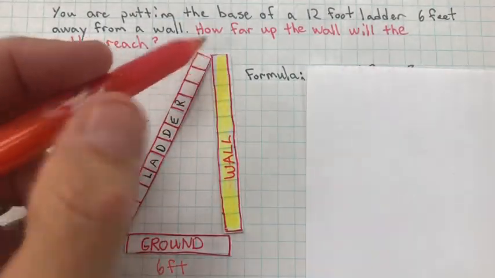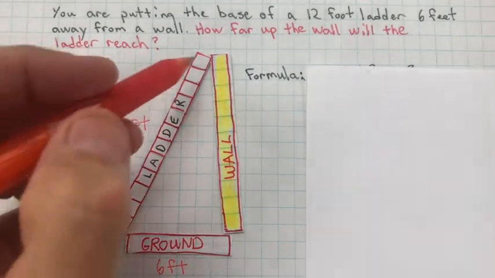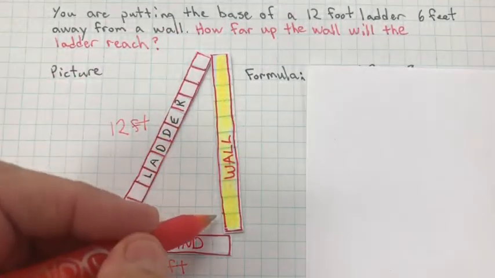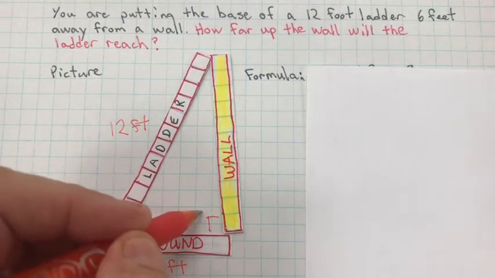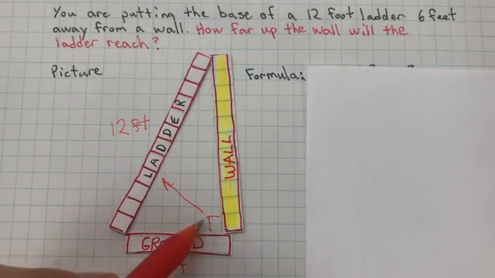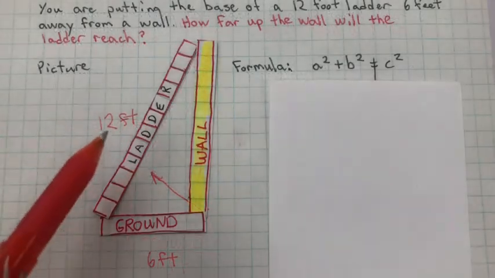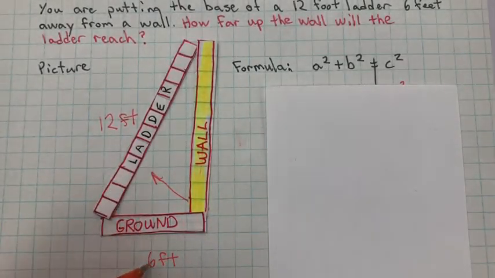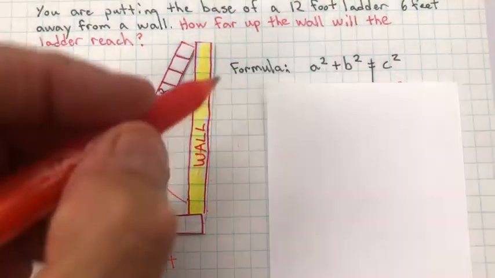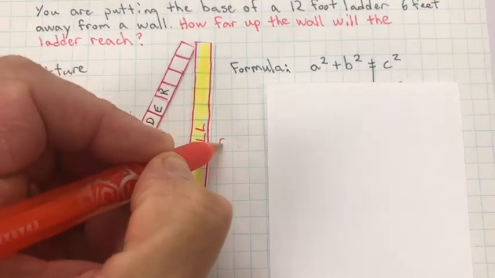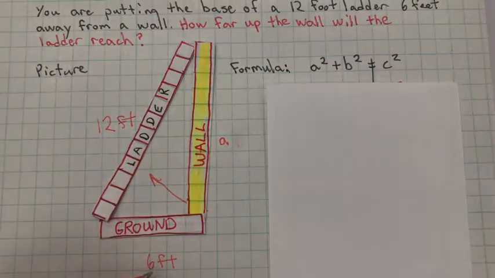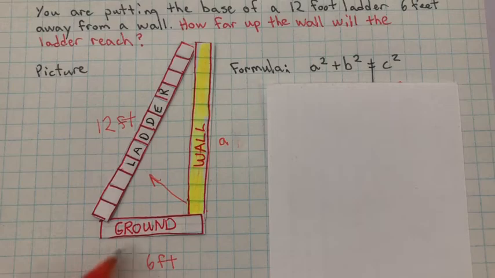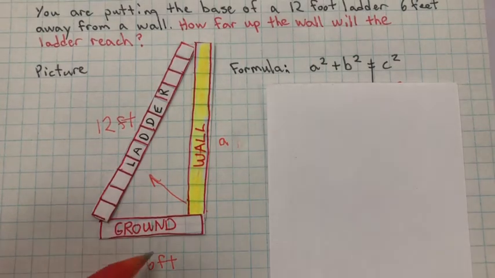So we don't know how far this is. We do know that this is at a diagonal. This is our hypotenuse. So this is a right triangle. Right angle points to the hypotenuse. So we have the hypotenuse, which is the C. And let's call this A. Again, it doesn't matter which one you call A or B. So I'll call this leg A, this leg B, which has a value of 6.